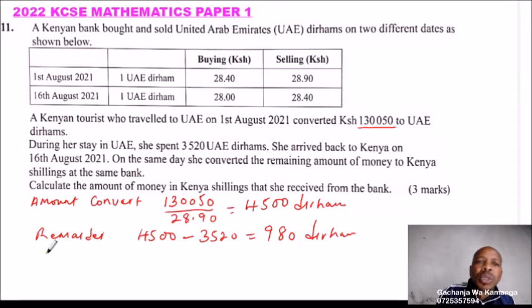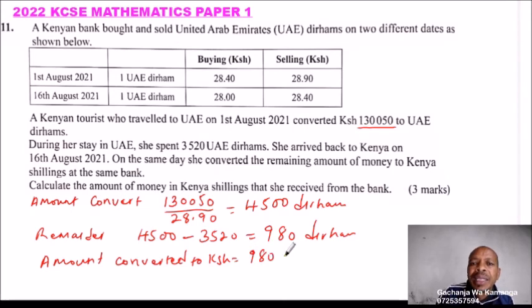So this is the amount that you took to the bank, converted to Kenyan shillings. So you say it is equal to 980.